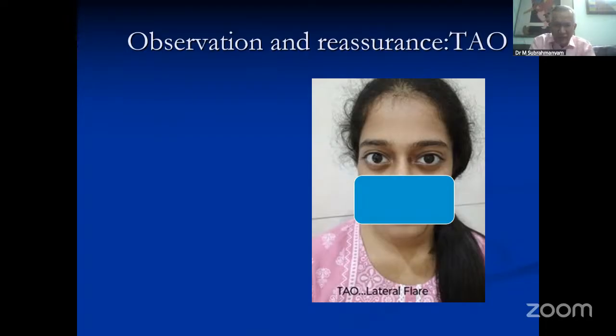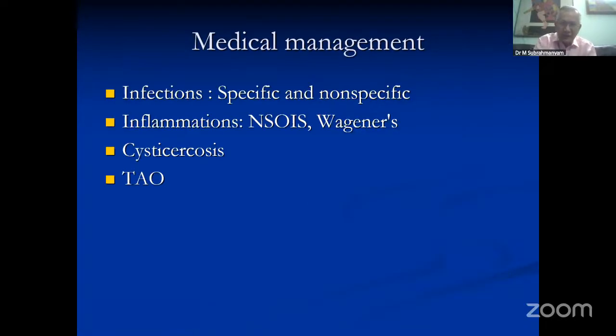For majority of the cases of thyroid associated orbitopathy, which occur in young individuals, most of them require observation, reassurance, and proper counseling. That's all what is needed. No big surgery is needed in such situations.